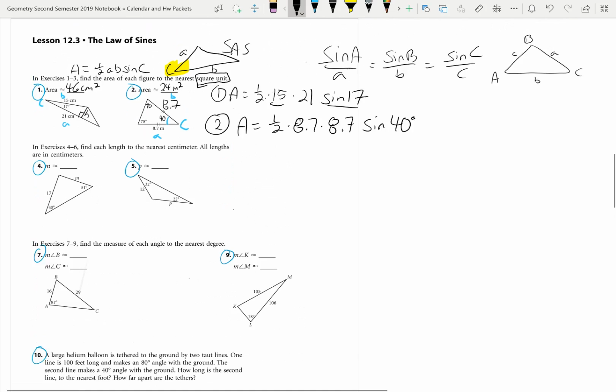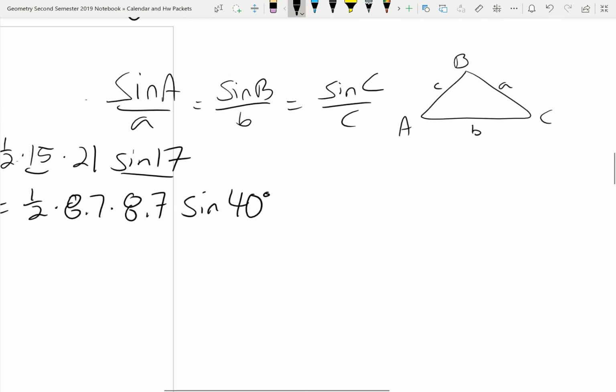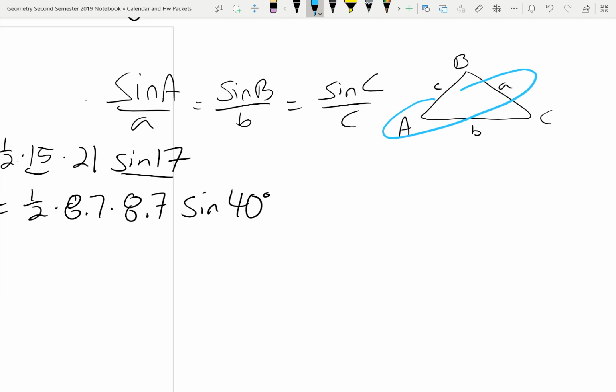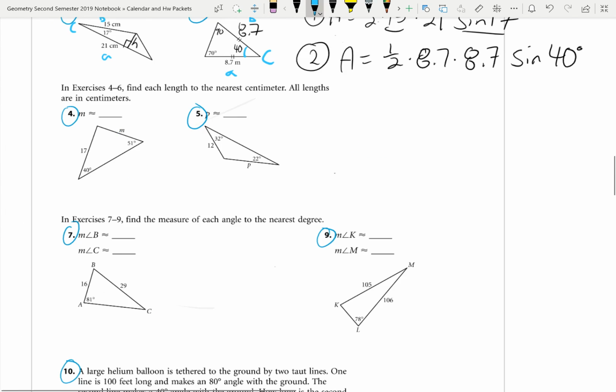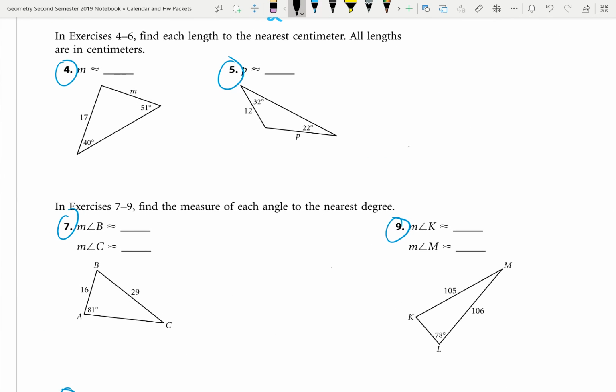For the next two problems, we will be going back and using the law of sines. When doing law of sines, you have to make sure you have an angle side pair, which means you know an angle and the opposite side, a lowercase and uppercase letter of the same. Then we pick any two of these three to use. So here, we know angle M, and I'll call this A and little a.